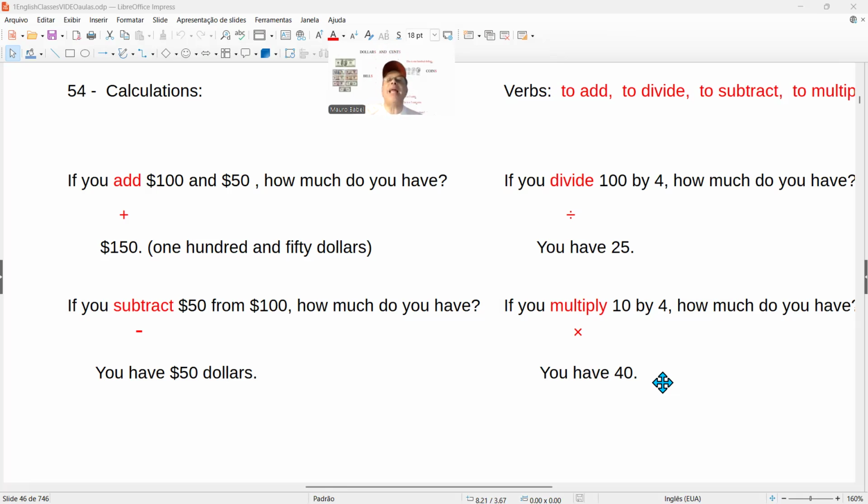If you multiply 1,000 by 5, how much do you have? Perfect. If you multiply 1,000 by 5, you have 5,000. Perfect. Very good.